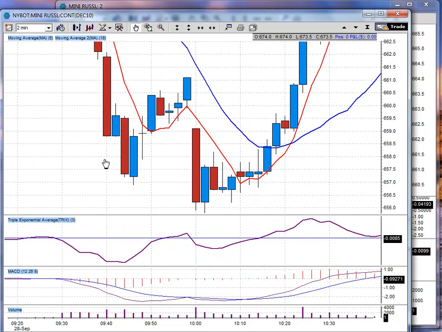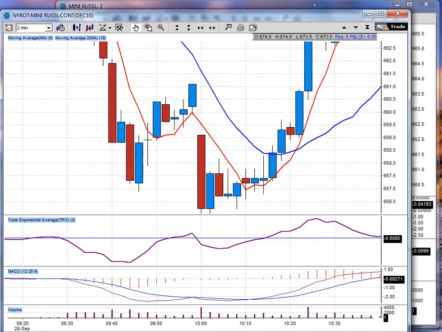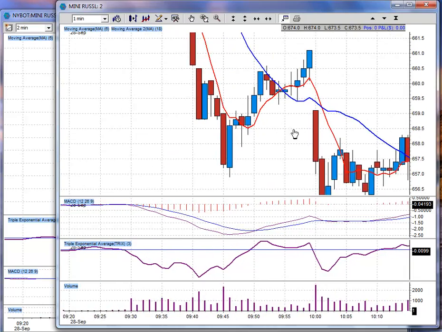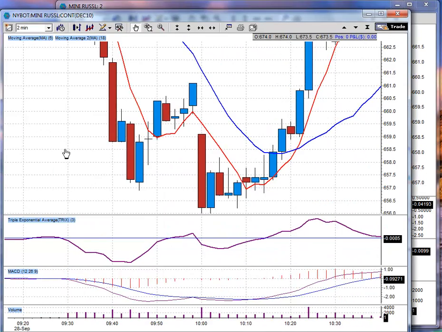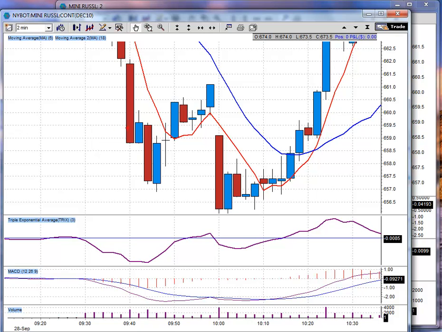Now let's just go one more example here. Let's see if I can find, look at this one for example. Okay. We've got our setup here. We've got the high way up here, lower high here, high up here, lower high here. Now this candle was just one candle that pushed down. Obviously our entry zone was way over here, and it didn't even give us a setup anywhere near it.